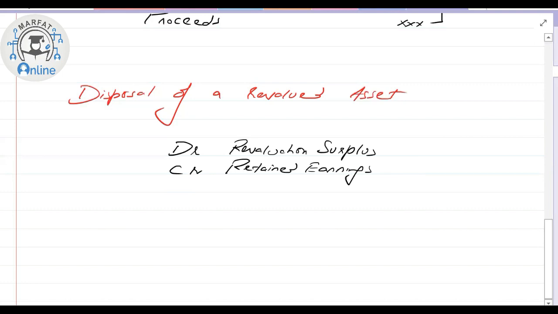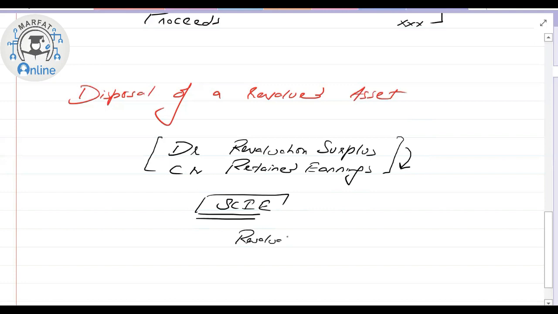So if you see, effectively, there is no change. That means it is moving from one equity section to the other equity section. Like for example, if you have the statement of changes in equity, here you have the revaluation surplus, here you have the retained earnings.